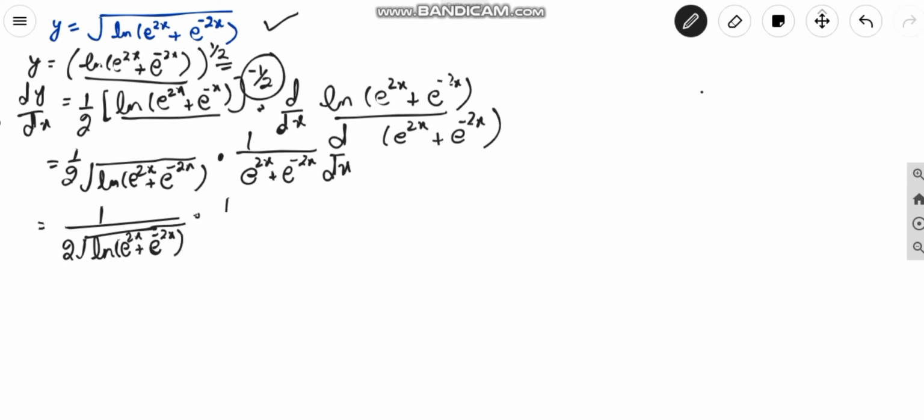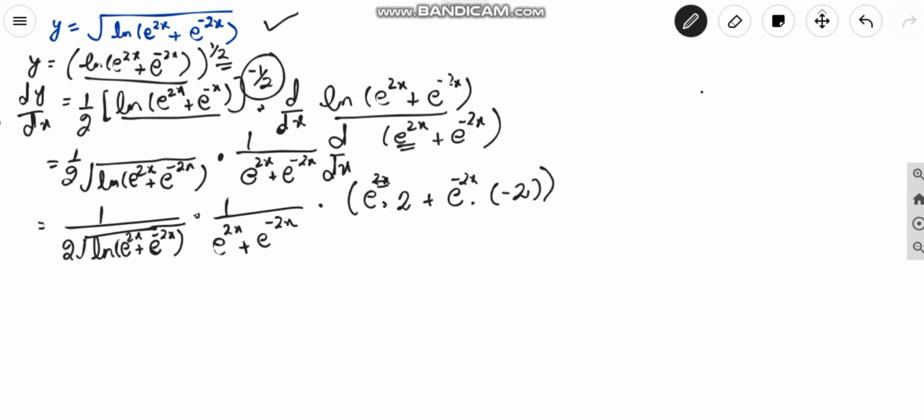Further, 1 over e^2x + e^−2x, and the derivative of e^2x is e^2x and the further derivative of 2x is 2. Now e^−2x is e^−2x and the further derivative of −2x is −2.